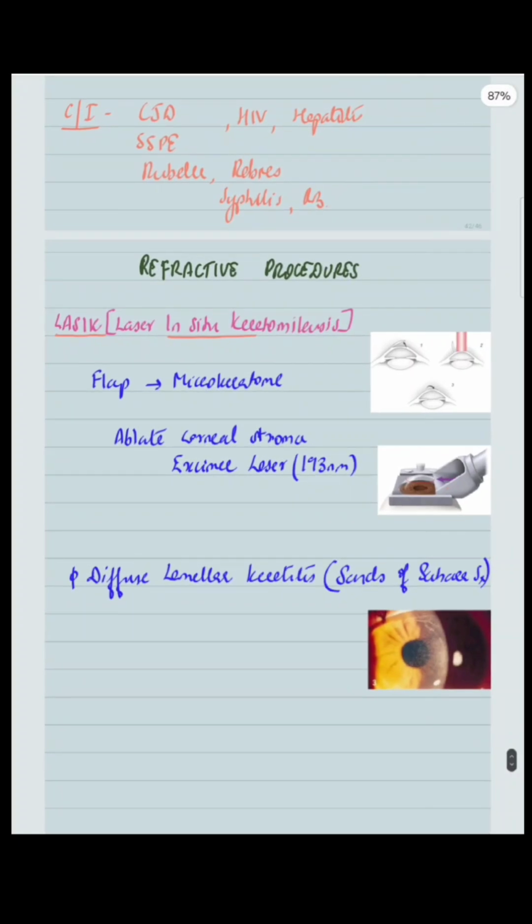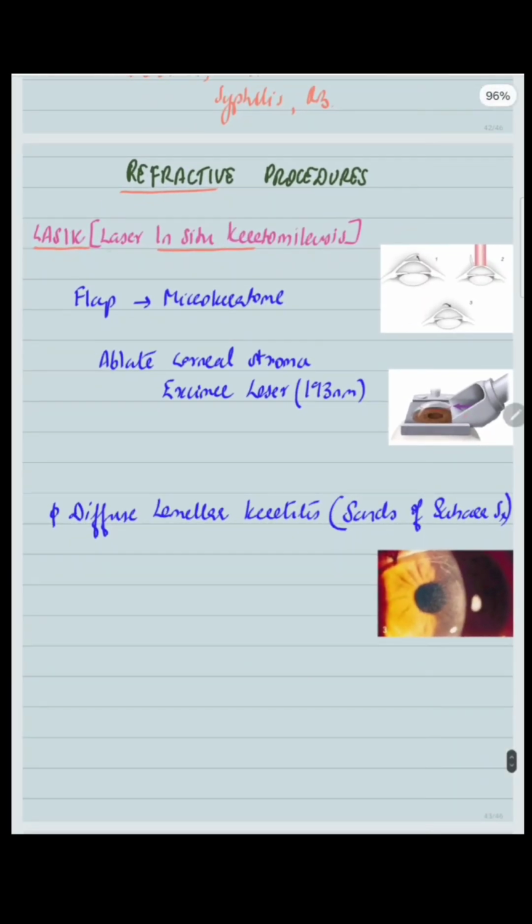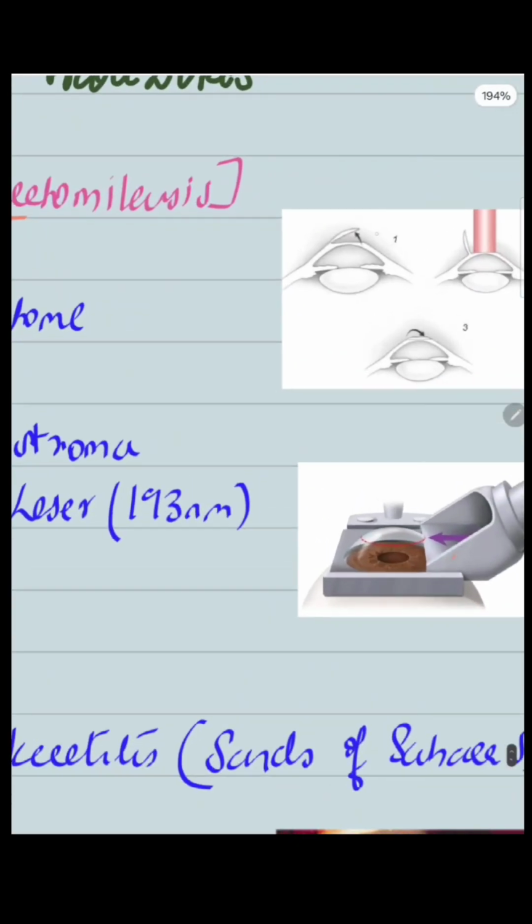Next we will discuss refractive procedures a little bit. First is LASIK. LASIK full form is laser in situ keratomileusis. Here we make an epithelial flap with a microkeratome. This is a microkeratome here.